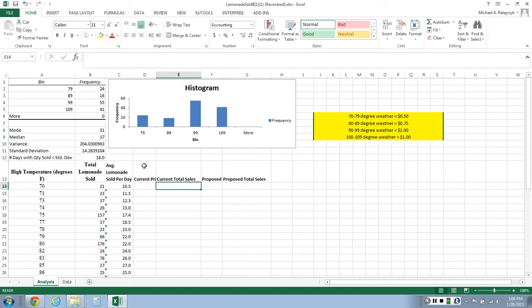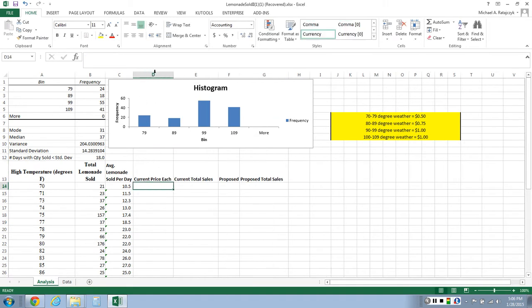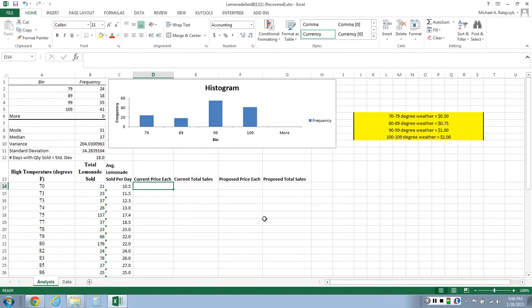In class you saw me give you an answer that's different than this. There's more ways to do this than I can count. I'm going to give you the one that's a little more structured, what I think is easier for you, because a lot of people are having problems with SUMIFs and COUNTIFs and AVERAGEIFs. So we're going to do this without any of that, just a little different way to look at this problem.